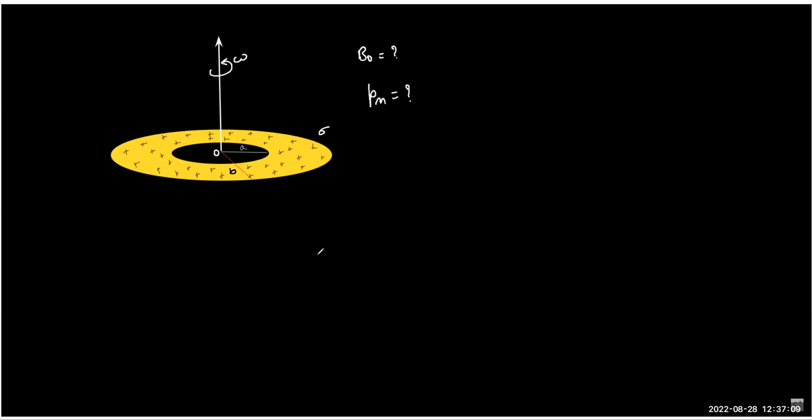I think we have done the B0 part, no? This part we have done, B0. Sir, no, sir. I guess we have only done it for the full disk, sir. Okay. Fine. So do it for this, okay?